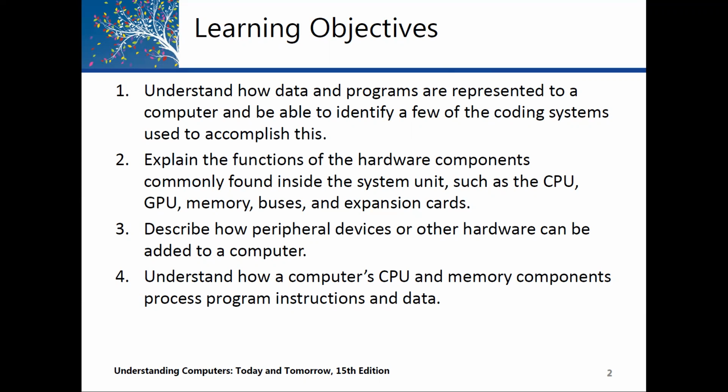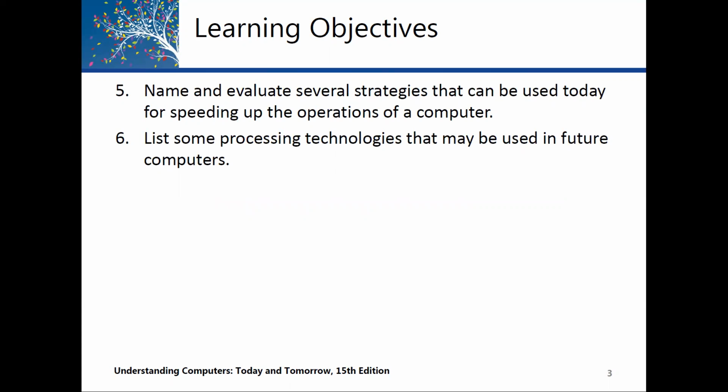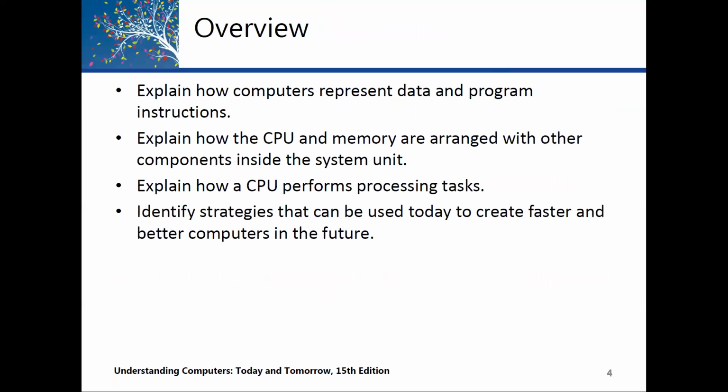You will be able to understand how the CPU and memory components process program instructions and data. You will be able to name and evaluate several strategies used today for speeding up the operations of a computer, and list some processing technologies that may be used in future computers, all right? So these are the learning objectives of this chapter.